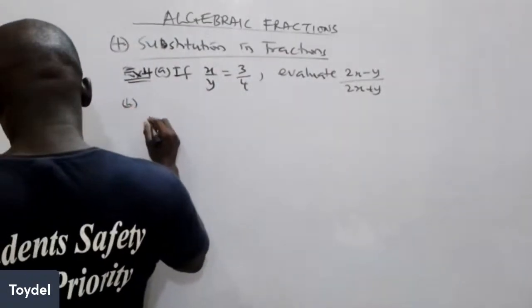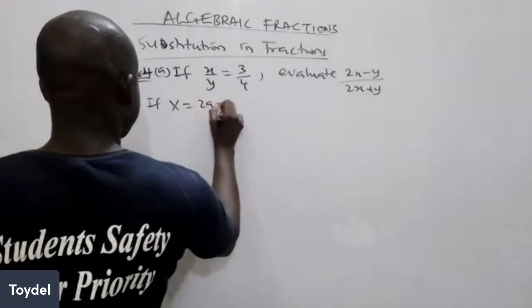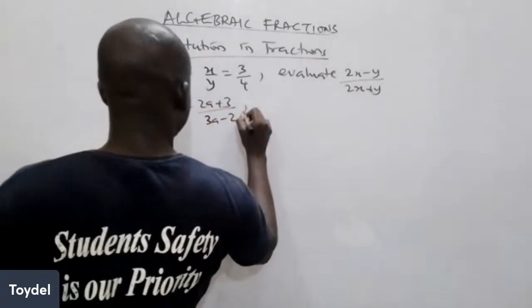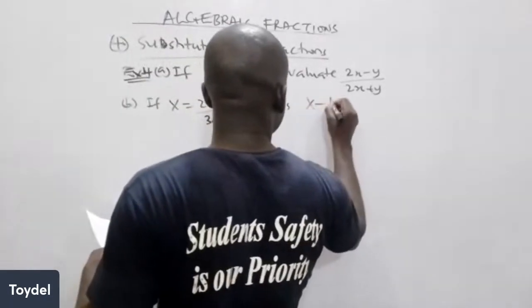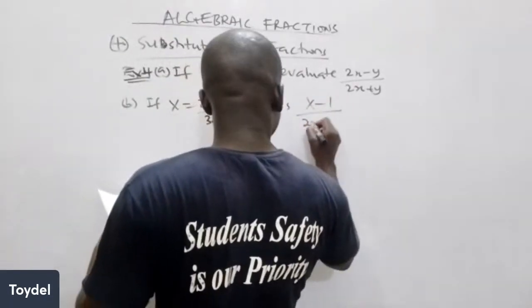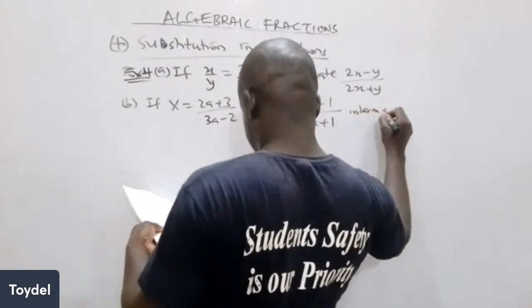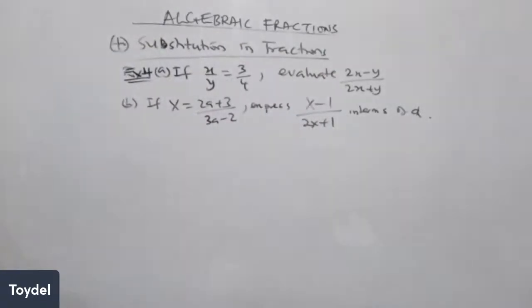Then the second question is, if x is equal to 2a plus 3 all over 3a minus 2, express x minus 1 all over 2x plus 1 in terms of a. That's the second one.